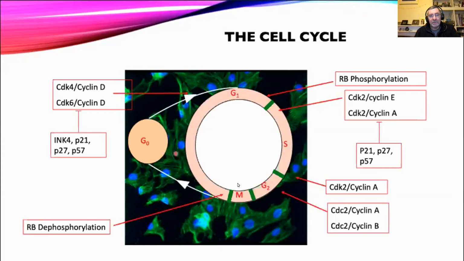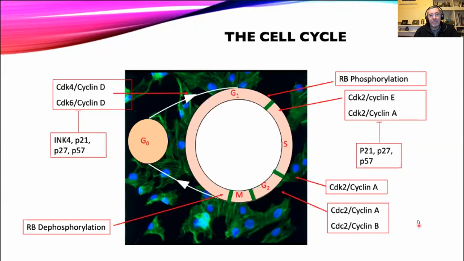And all of these things that control those transition points are proteins or enzymes. So we can use flow cytometry to look at those. And a couple of Nobel Prizes in recent years have been given for developing our understanding of how cells go through the cell cycle.